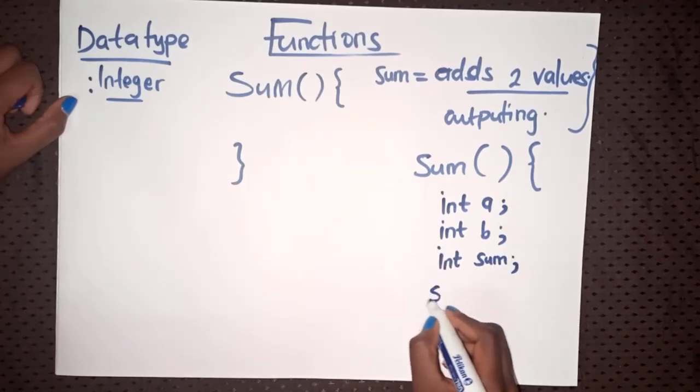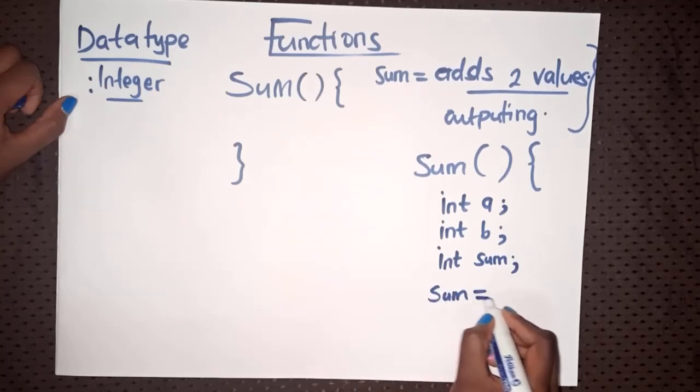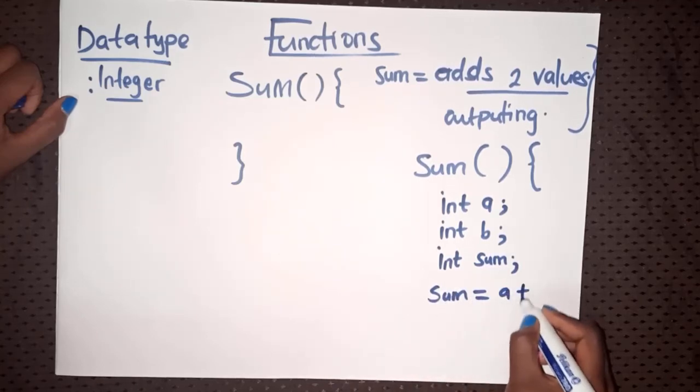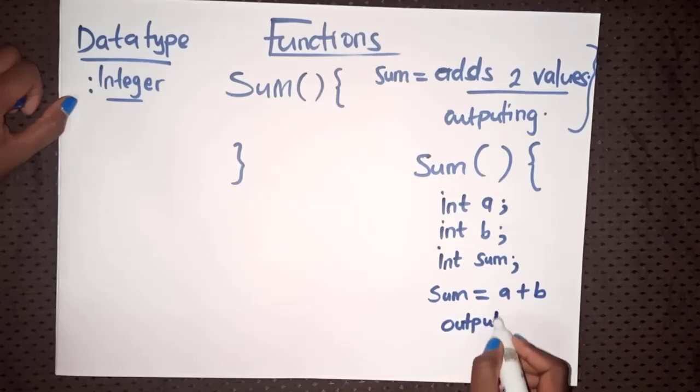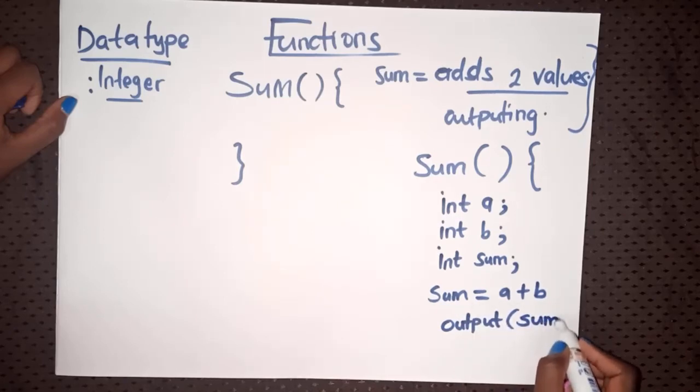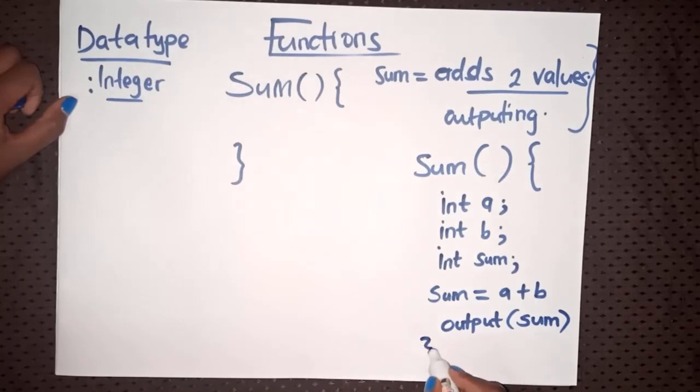So how do we add? Sum is equal to a plus b, and then we want it to output. I'll just use the word output. Different programming languages will use this differently. Output sum, and then we can close it.